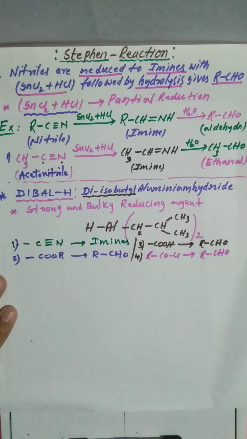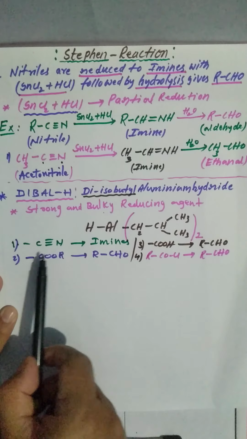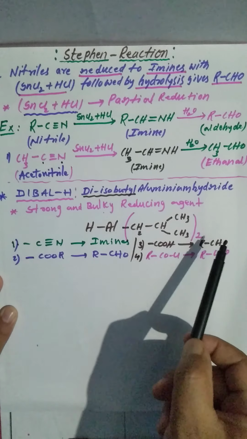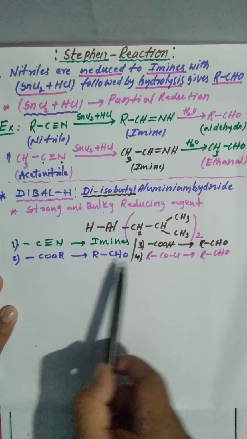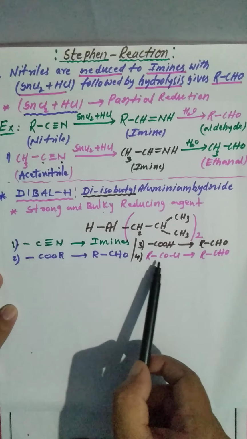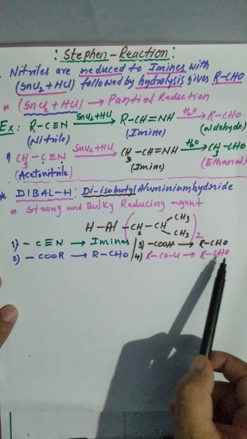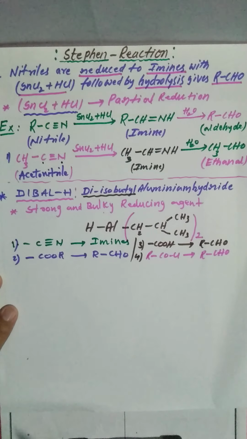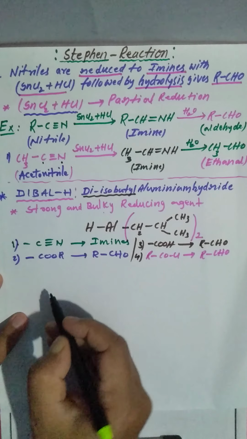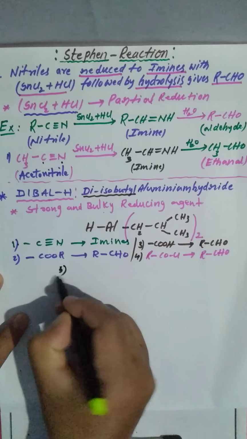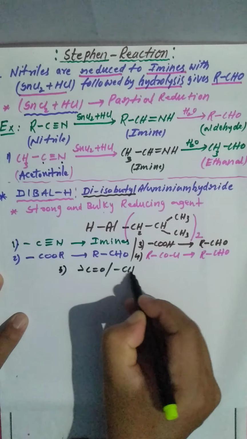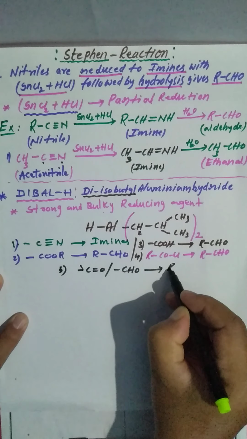So DIBAL-H can reduce nitrile to imine, and further followed by hydrolysis it gives aldehyde; ester to aldehyde, acid to aldehyde, and carbonyl chlorides, that is acid chlorides, to aldehyde. Even ketones and aldehydes are reduced to alcohols.